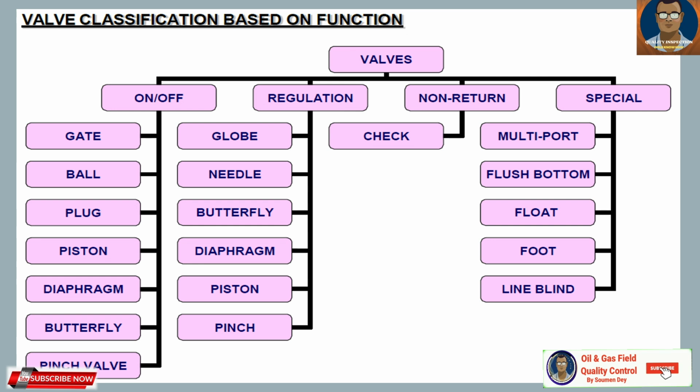And regulation valves, which can regulate the flow, are globe valve, needle valve, butterfly, diaphragm, piston, and pinch type of valve. Non-return valve, you can say check valve. There are some special valves also, which can be multi-port, flush bottom, float, foot, and line blind.